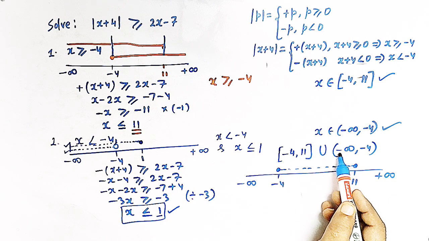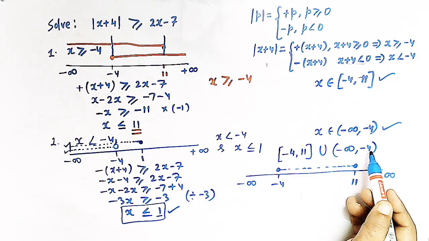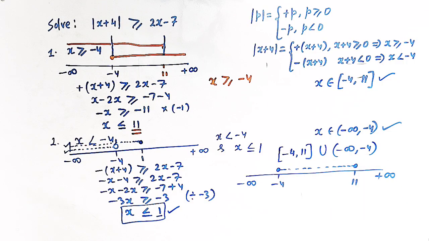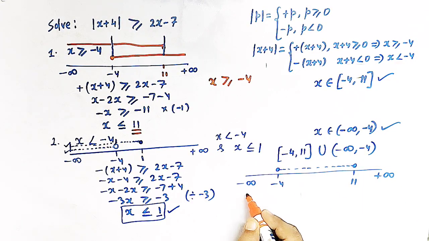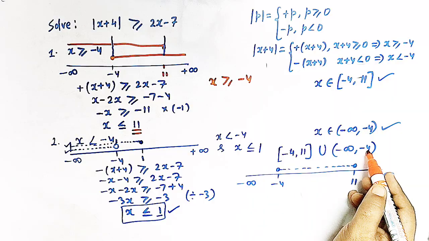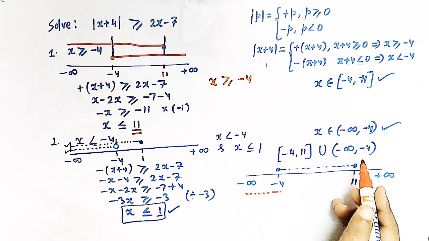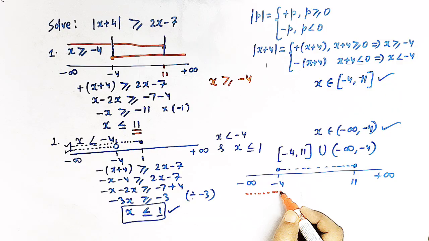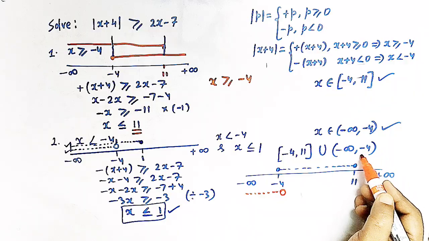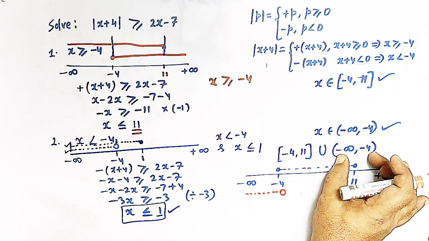And here we have minus infinity to minus 4. So this region is represented like this, and here we have a circle which represents that minus 4 is not included in this interval, right?